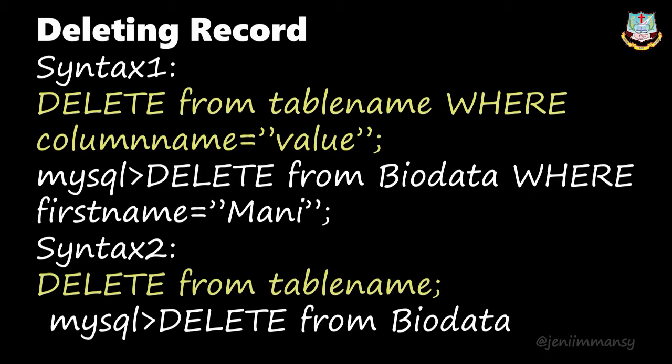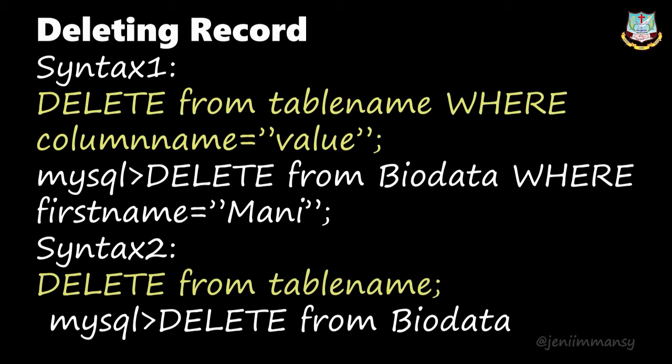As I said before, every instruction will end with what? Semicolon. Here, delete from, then the table name. Here the table name is biodata, right? Delete from biodata where first name equal to, and you give a name inside the double quotes.